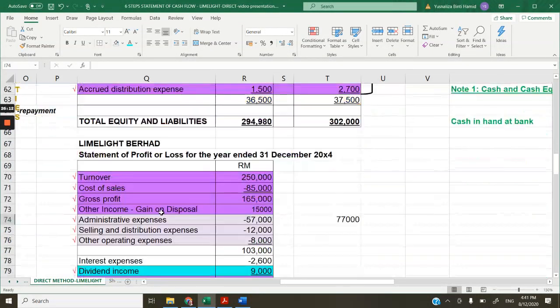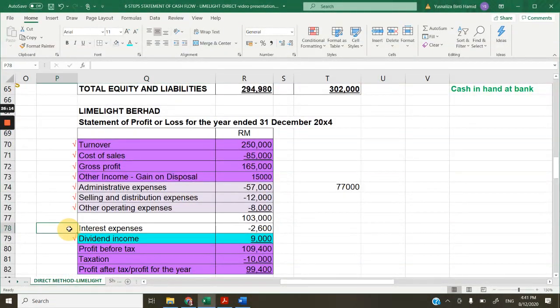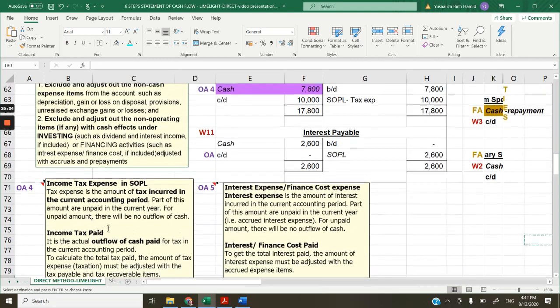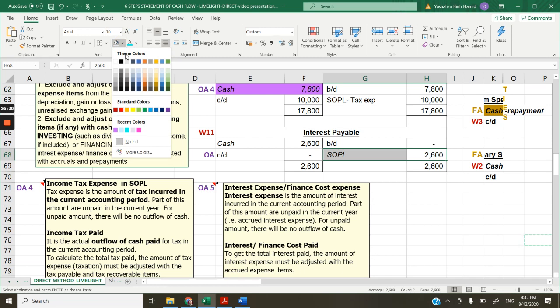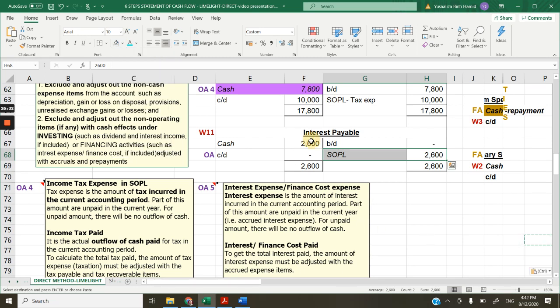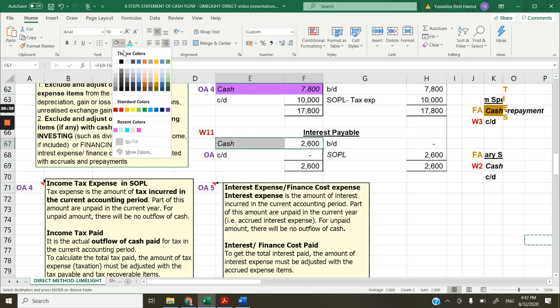Interest expense is here, right? So another thing that you need to do is to transfer that back to the interest payable account. So this is the one which is your expenses. And now you are looking at how much is your interest payable.